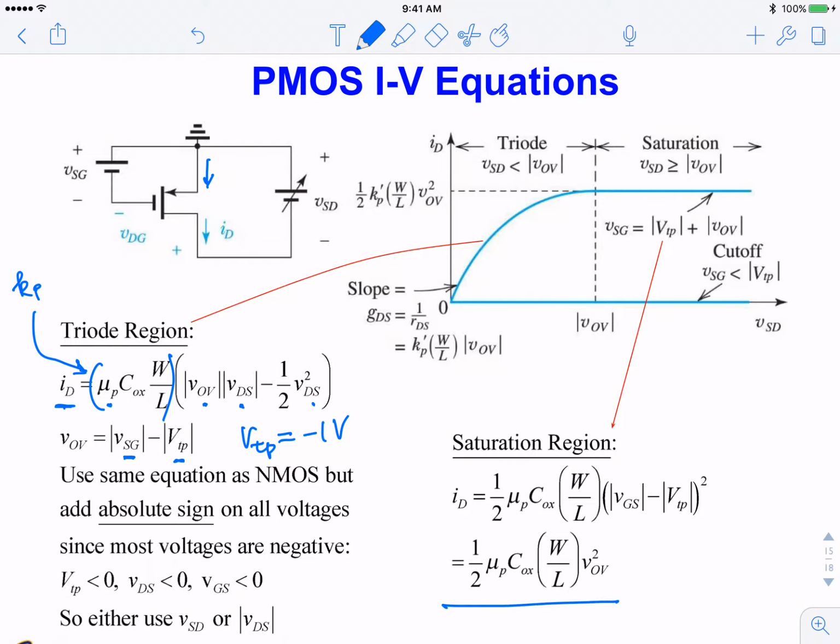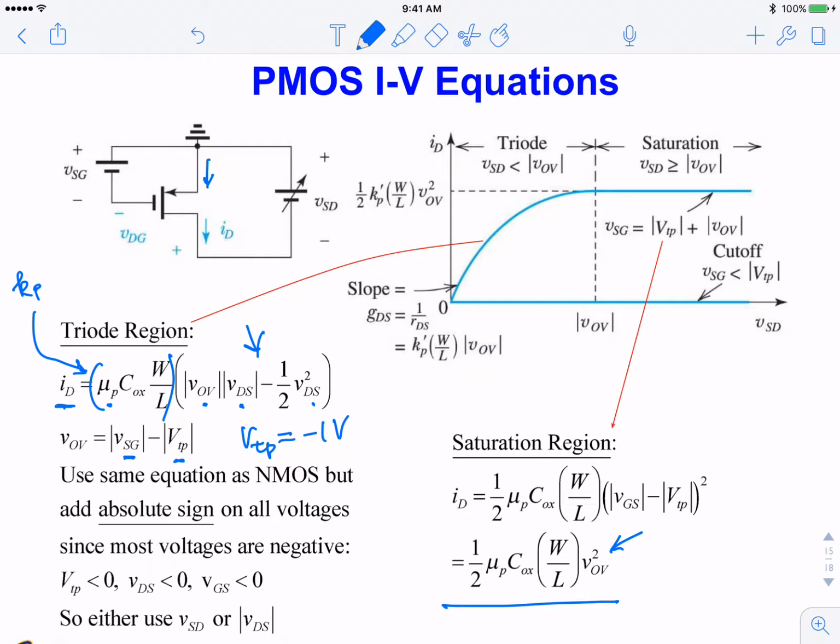In saturation, you have V overdrive squared. In the triode region, you have this parabolic curve. You just have to remind yourself: PMOS, source is at a higher potential than drain, and current flows down.